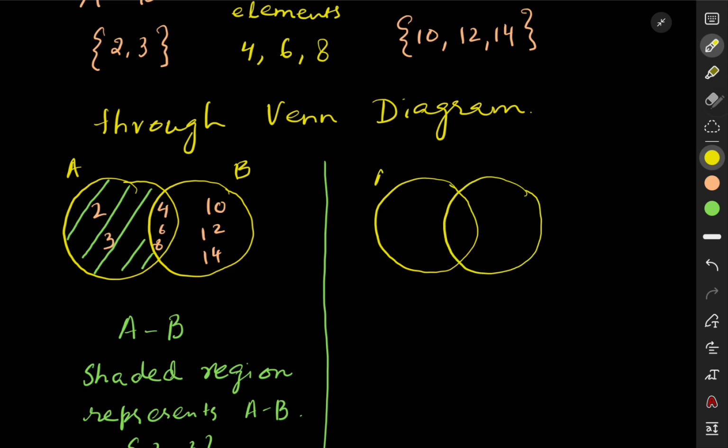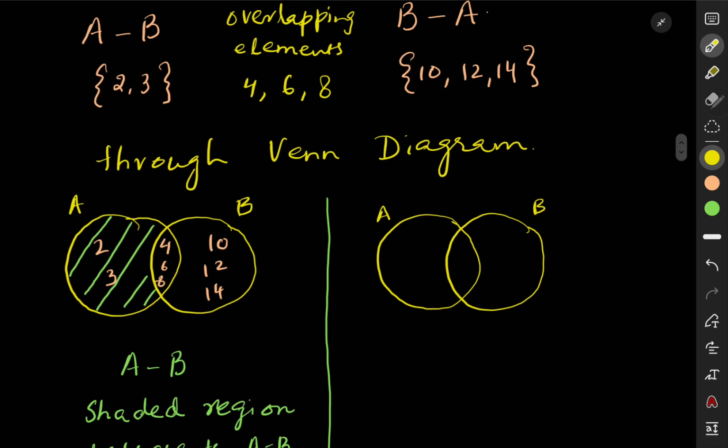The A set and B set have this overlapping region, the overlapping elements are 4, 6 and 8, and the remaining members of A are 2 and 3, and the B set has remaining members 10, 12 and 14.